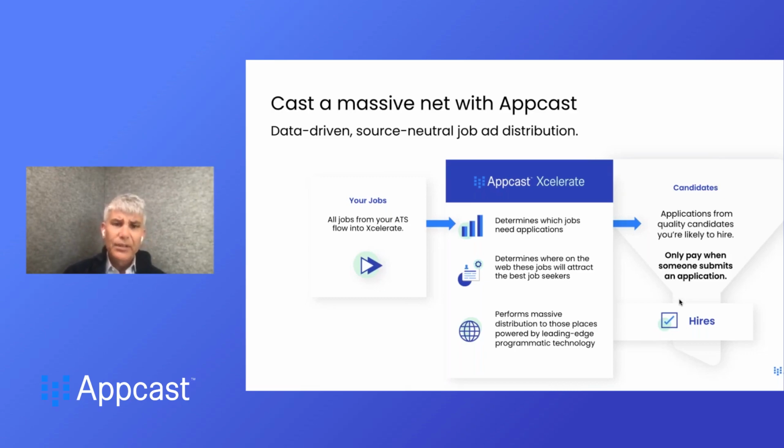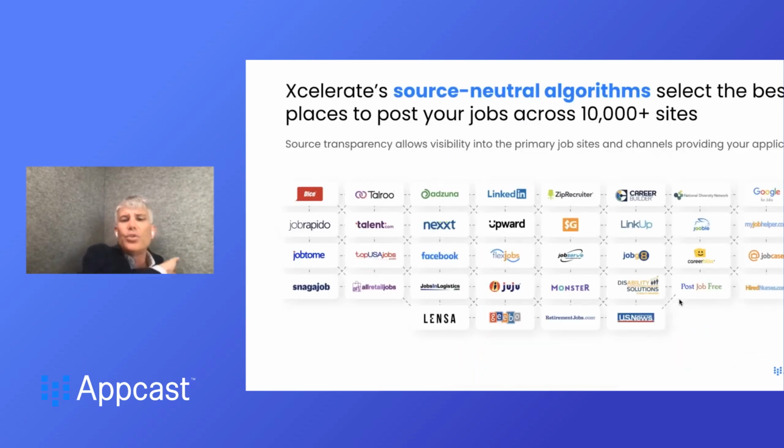Appcast operates differently. First off, it's an on-demand system. There are no long-term contracts. We pull your jobs off your applicant tracking system, and we allow you to organize them into campaigns and tell us which jobs are important. Then you put your budget into the top of the machine, and you only pay when an applicant actually applies all the way through your career site. The cool thing is that it goes everywhere, except for Indeed. Indeed isn't in our ad exchange, but this is kind of a mutual fund for job sites.